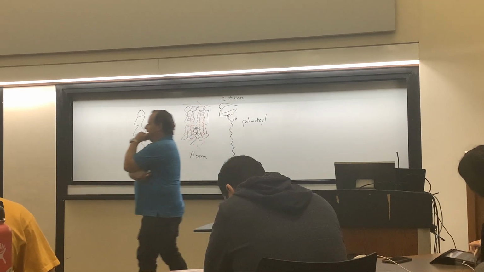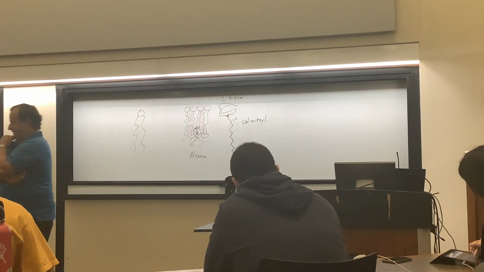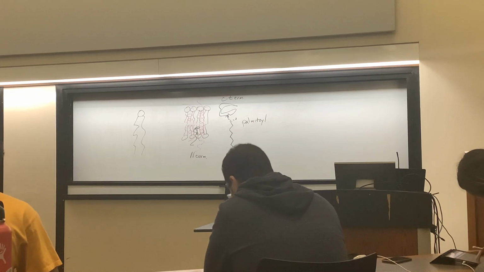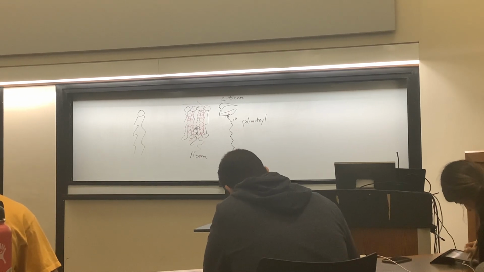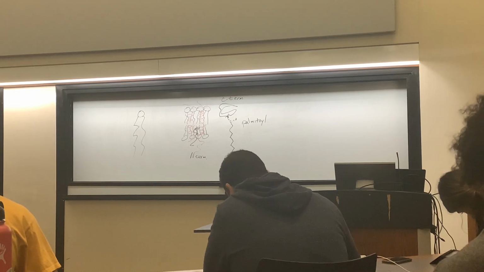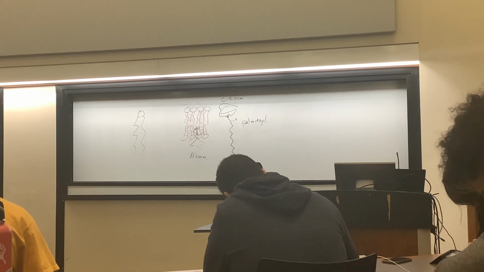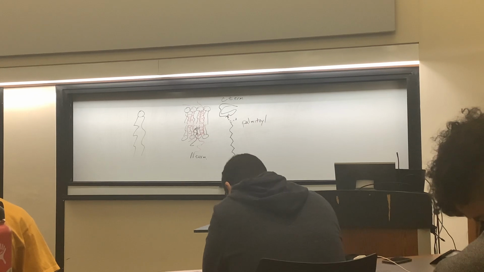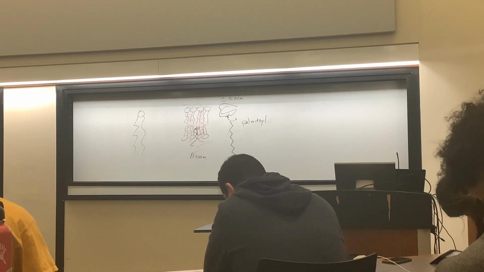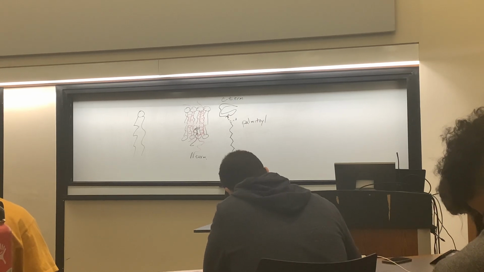So let's talk about what membranes are doing. One of the things that membranes provide is a barrier between one three-dimensional space and another three-dimensional space. That's not the only thing that membranes do. They do so much more. There's a lot more they can do.